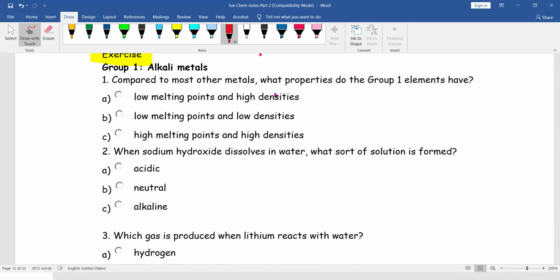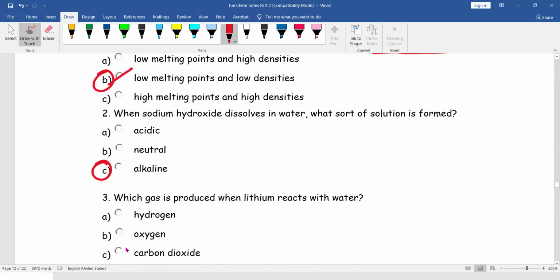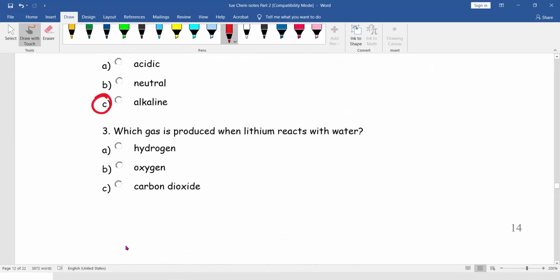Compared to most other metals, what properties do group 1 elements have? Group 1: low melting point and low density. When sodium hydroxide dissolves in water, an alkaline solution is formed. What gas is produced when lithium reacts with water? Hydrogen.